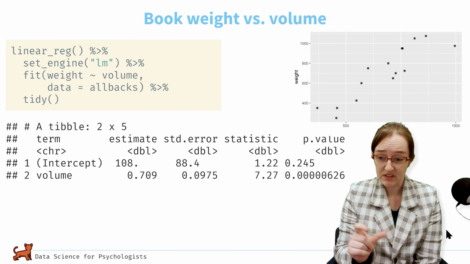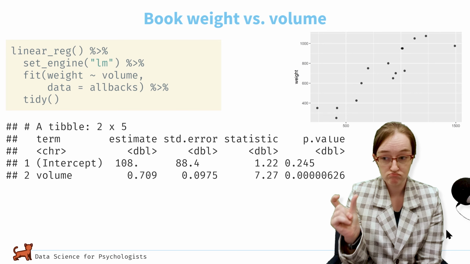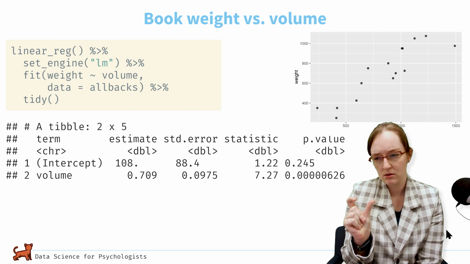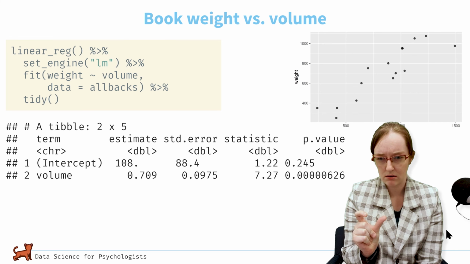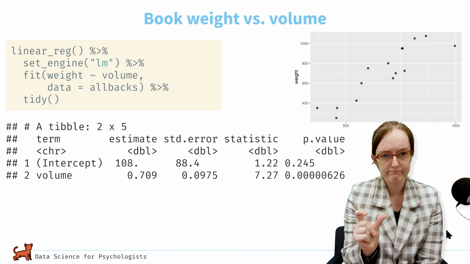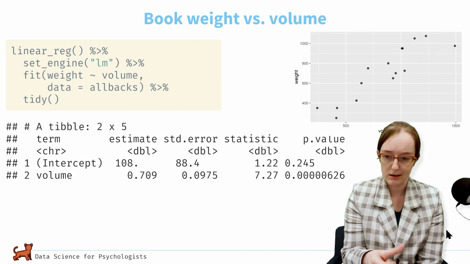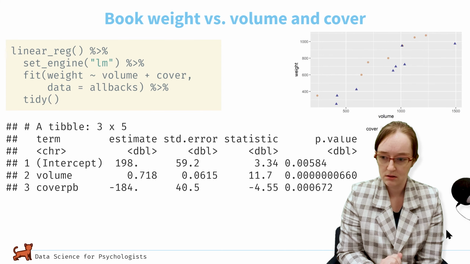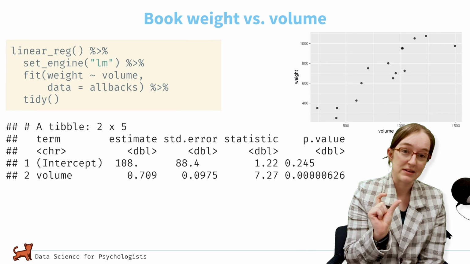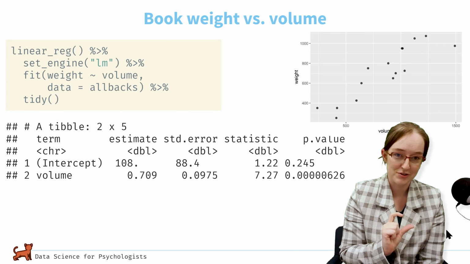Okay, so here our intercept is effectively the expected weight when volume is 0. Okay, so here we have expected weight as a function of volume.